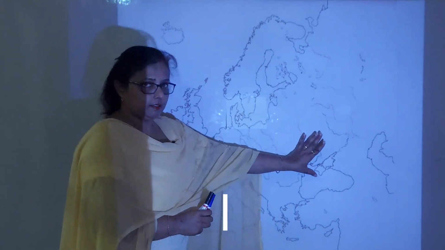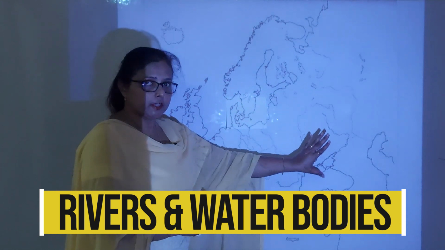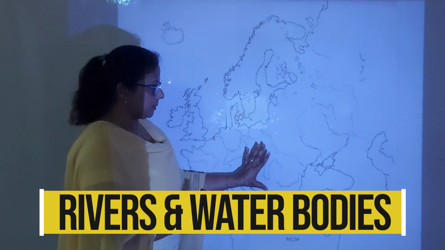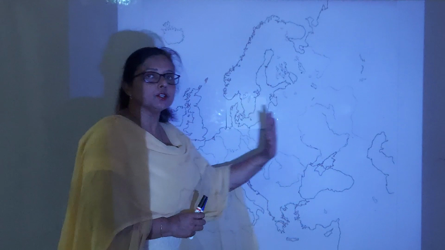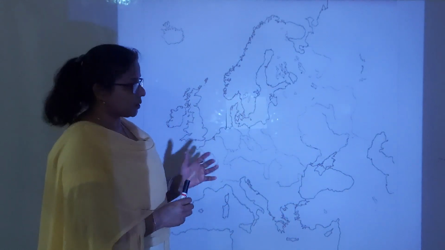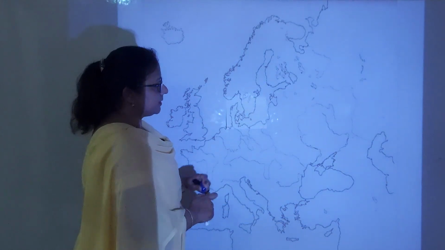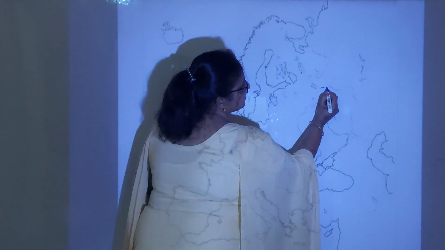I am going to begin with the water bodies, and I will begin with the rivers of Europe, according to your syllabus. And I'll be moving gradually from the east towards the west. So let us start. Now here we have right in the east the river Volga.